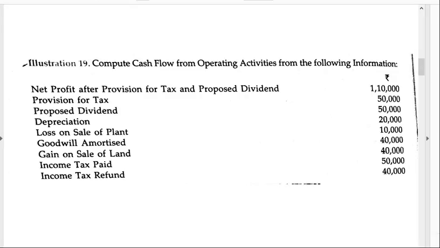Depreciation 20,000, loss on sale of plant 10,000, goodwill amortized 40,000, gain on sale of land 40,000, income tax paid 50,000, income tax refund 40,000. So what we have to find out is net profit before taxes and extraordinary items. Clear?